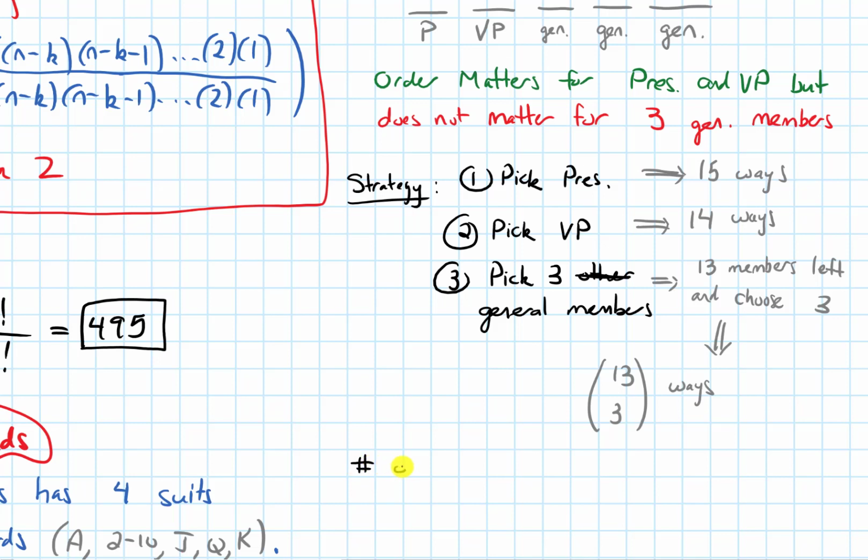I'm trying to count the number of total such committees. Because these are all steps, 1, 2, and 3, of this process of selecting a president and vice president, we are going to multiply the values we got from these 3 steps or stages. So we'll multiply the 15 with the 14 with 13, choose 3.